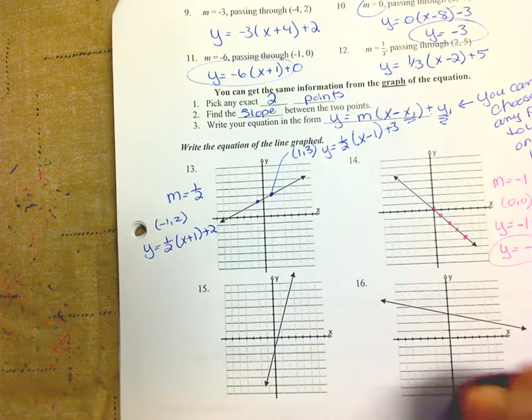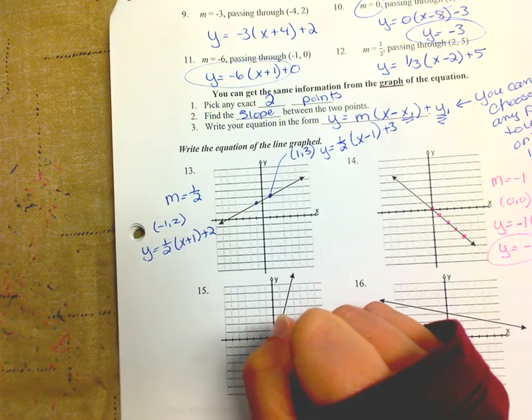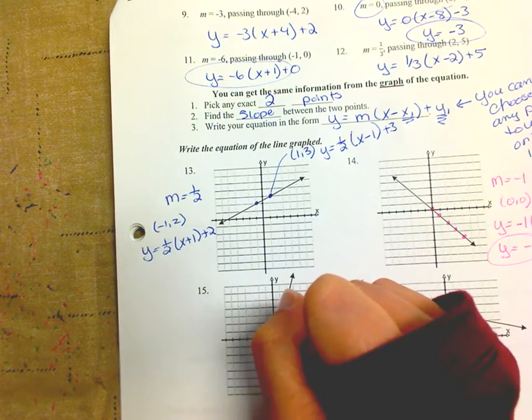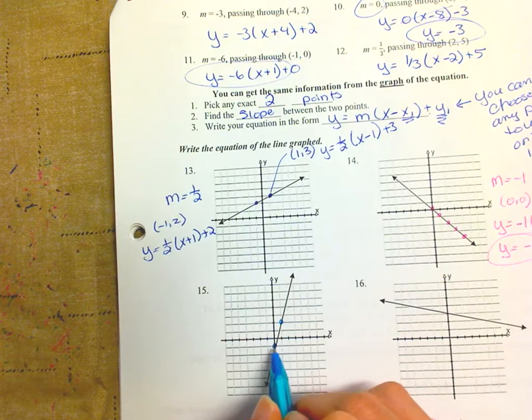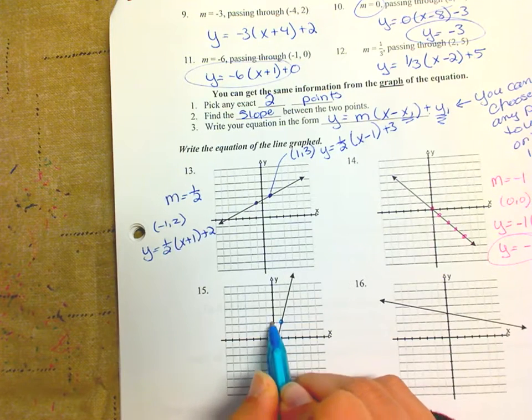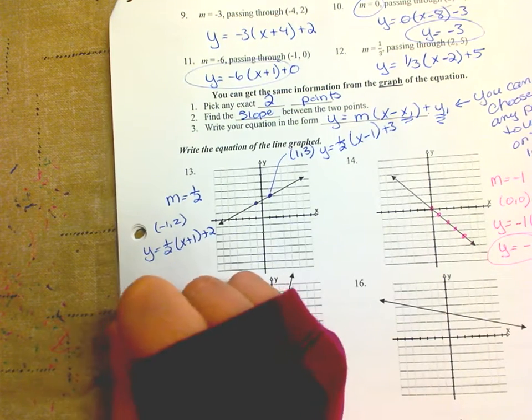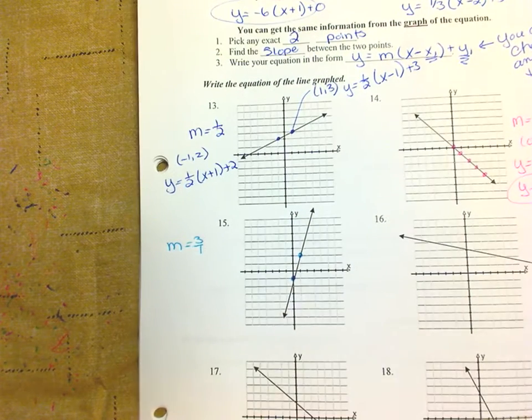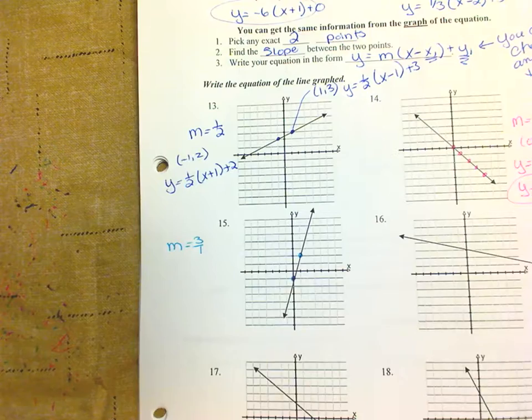This one is not a very good line. Let's use this point here, which I understand doesn't look like an exact point, but let's just go with it. And this one. So from point to point, you've got to go up 3 over 1. So my slope is 3 over 1. And again, pick either point to use.